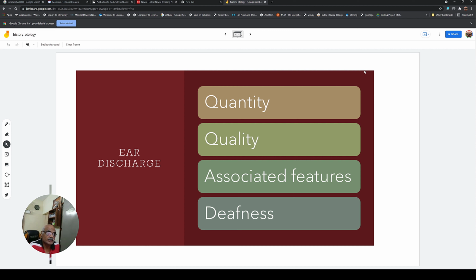The next important complaint happens to be the ear discharge. The first thing you should ask the patient is the quantity of the discharge. If the quantity of the discharge is scanty, that should cause alarm, because a scanty discharge is a classic feature of an unsafe ear, an ear which can create problems at a later date. It can cause intracranial complications, it can cause intratemporal complications.